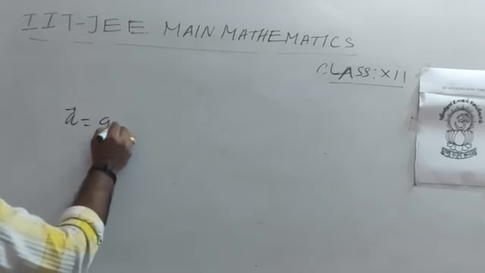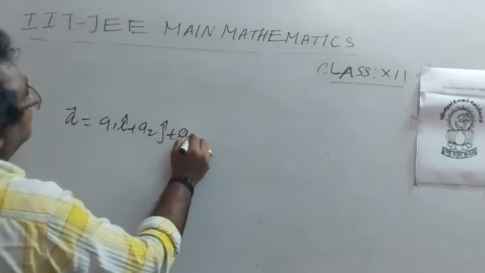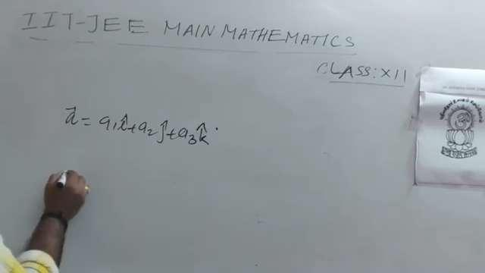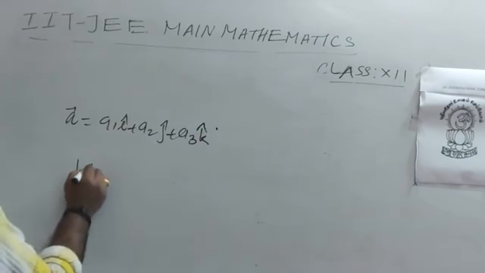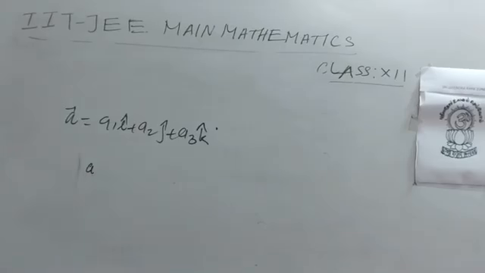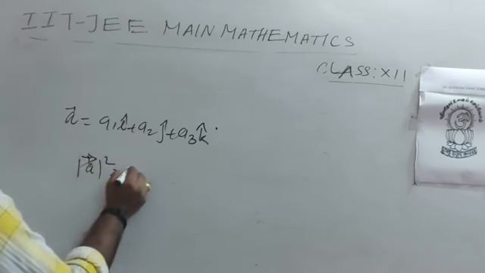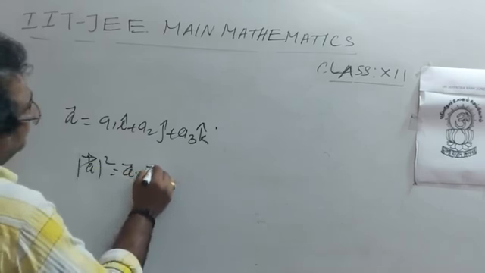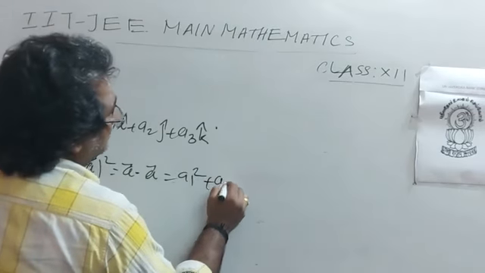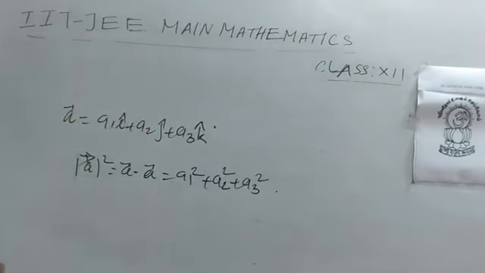If vector A equals A1 i plus A2 j plus A3 k, then modulus of A squared equals A vector dot A vector, that is A1 squared plus A2 squared plus A3 squared.